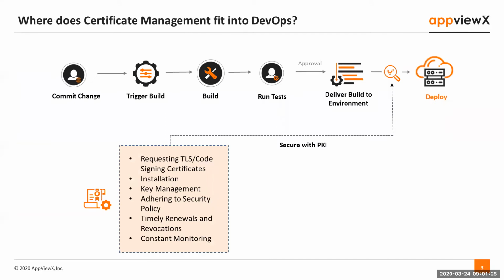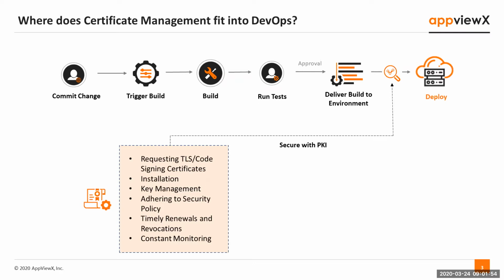So one of the first questions that is commonly asked is, where does certificate management fit into DevOps? The diagram that is appearing on this slide is a pictorial representation of a DevOps pipeline or a CI/CD type pipeline, where you're wanting to start by issuing a change.